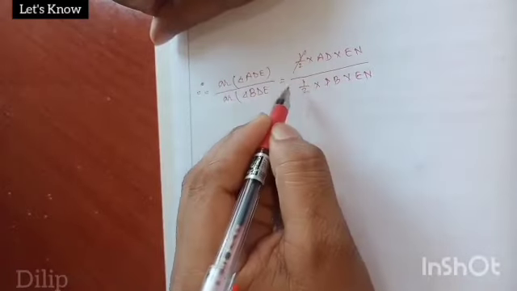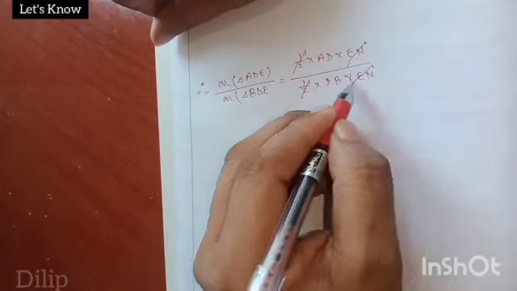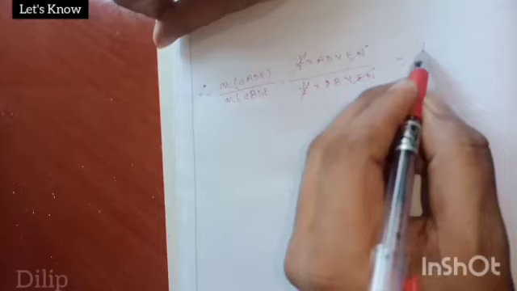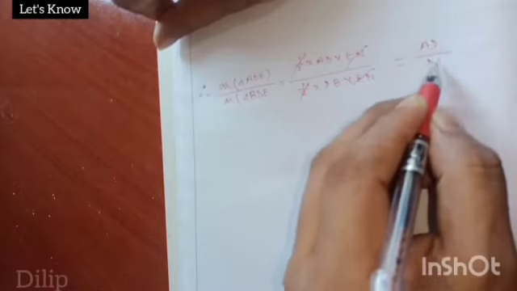So 1/2 you can cut, and EN you can cut. So what's remaining? AD by DB.